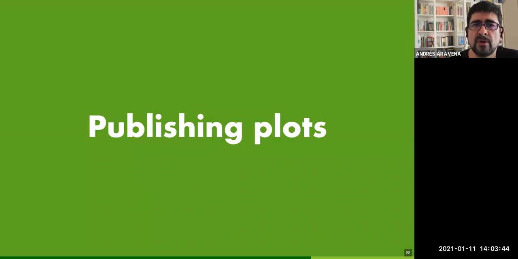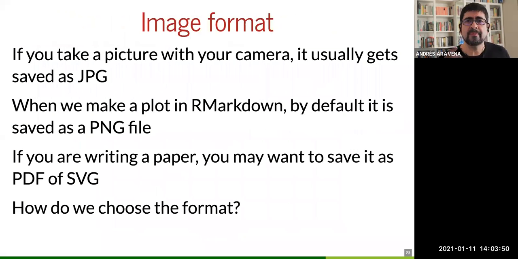And maybe you know. So let me show you and you tell me how much you know. If you take a picture with your camera, most of the time you get a JPEG. This is the kind of file that you get with a camera. Like you get music with MP3 and video with MP4. When you take a picture, you get JPEG most of the time.